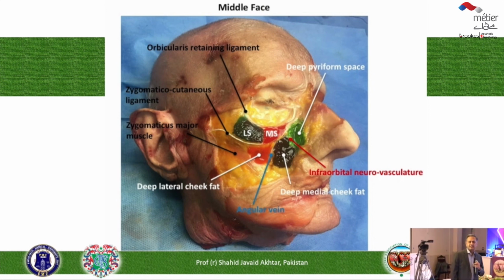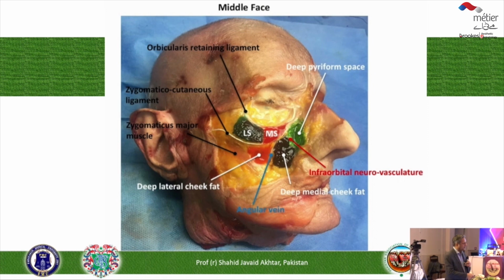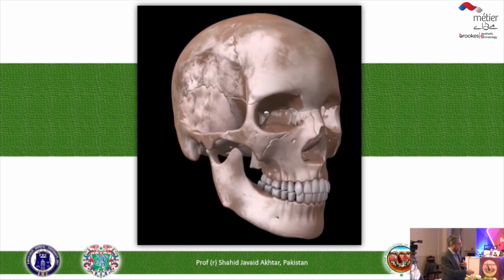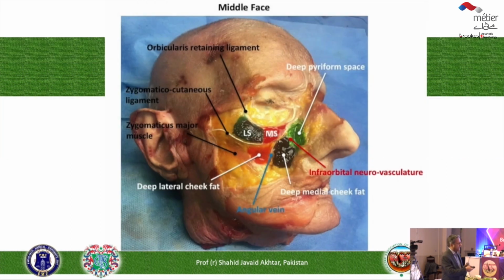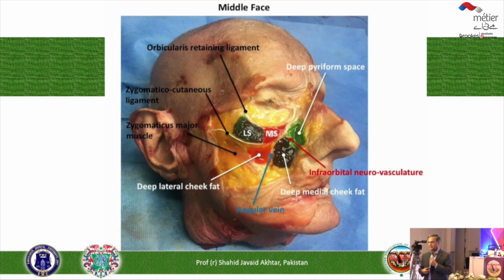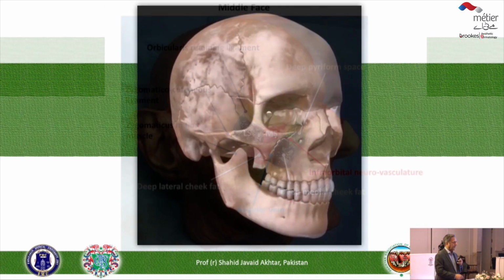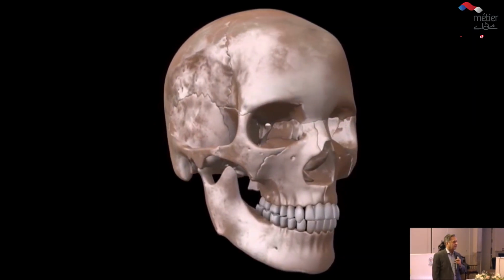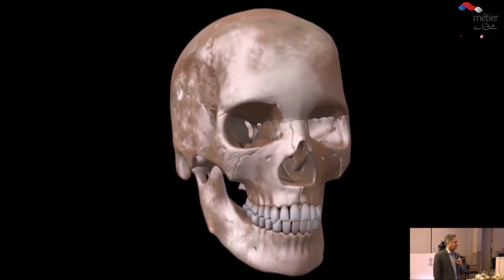The deep fat is compartmentalized because of fibrous bands that keep it separated from each other, and that's why when you inject specifically into each compartment, the injected material remains localized to that particular area.